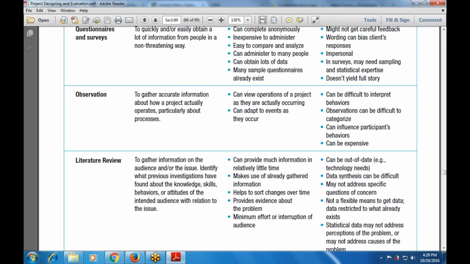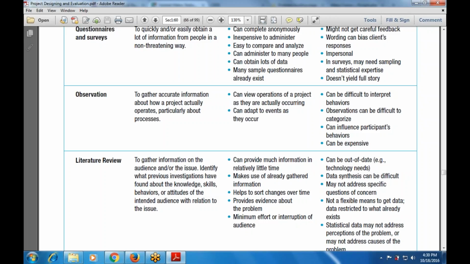Then it takes minimum effort for the interpretation of the audience, because we are doing the literature review with minimum effort for the audience analysis.